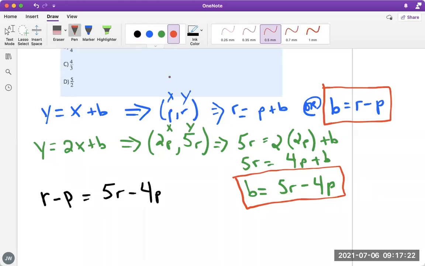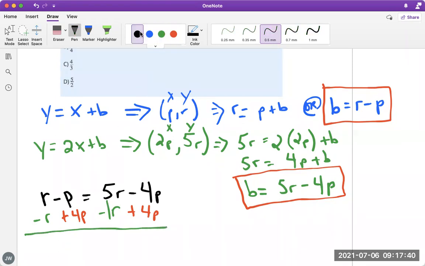Normally I do it in my head, but I better show you. Let's add 4p to both sides. And at the same time, I'm going to subtract 1r from both sides. I'm going to put a 1 here just so you can see that. If I confuse you because I did it both together, on your paper, I want you to do it separately. So move the p's and then move the r's, or move the r's, then move the p's.